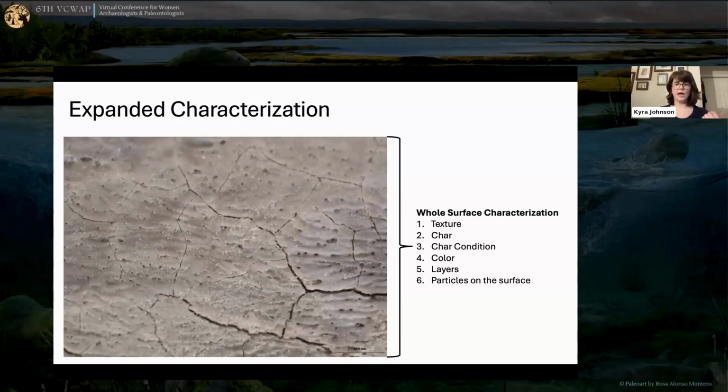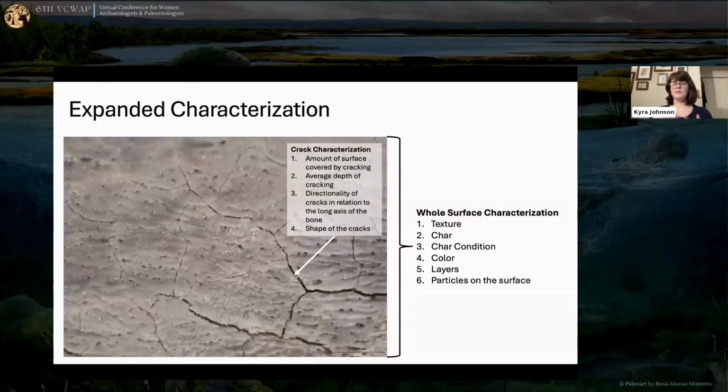But we can also look at more specific features on the surface, specifically cracks: how much of the surface is being covered by cracking, what is the depth of those cracks, which direction are they going, are they following the collagen fibrils within the bone itself, or what are the general shapes.